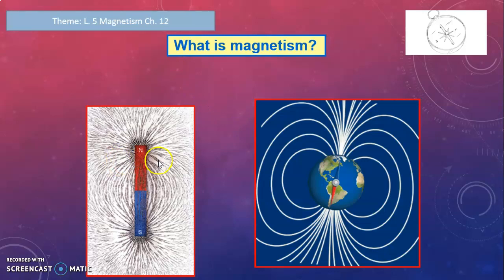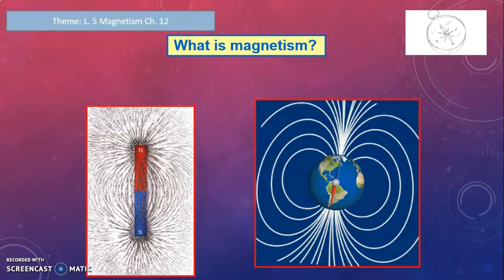So here as you can see in this picture, the magnets have two poles, North Pole and South Pole. Like poles repel one another, different poles attract. Los polos iguales se repelen, repel, and different poles attract. Y los polos opuestos se atraen.